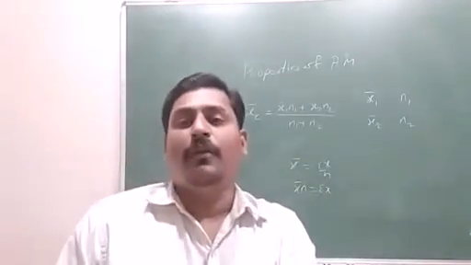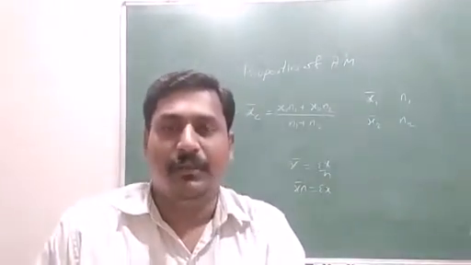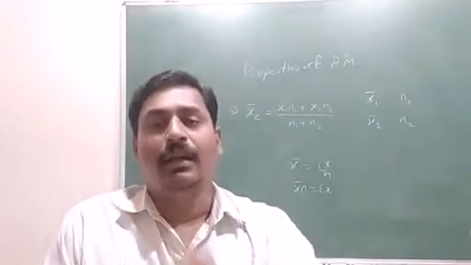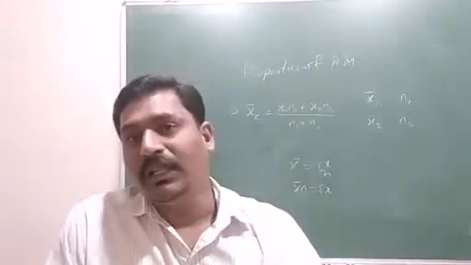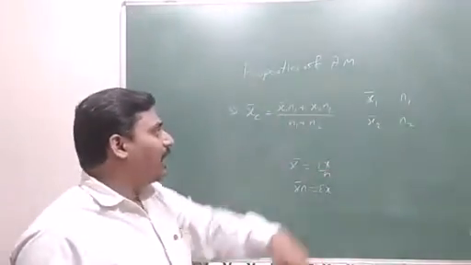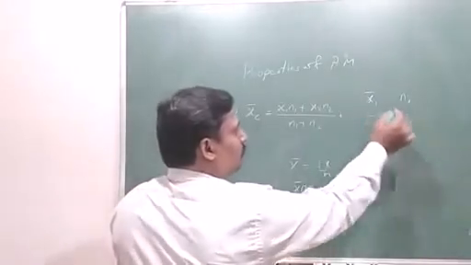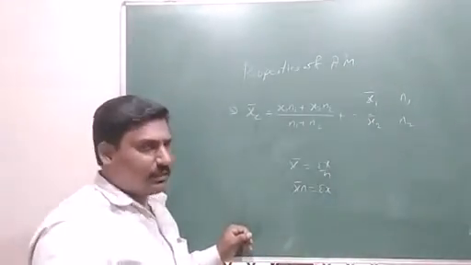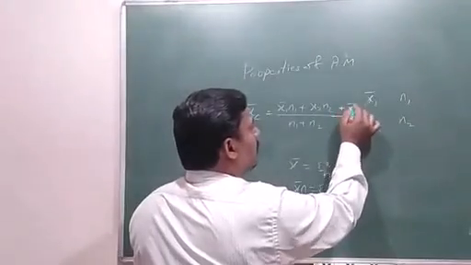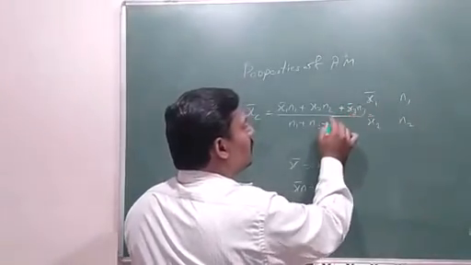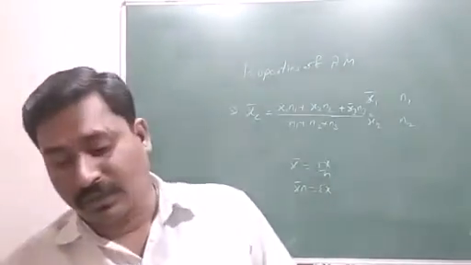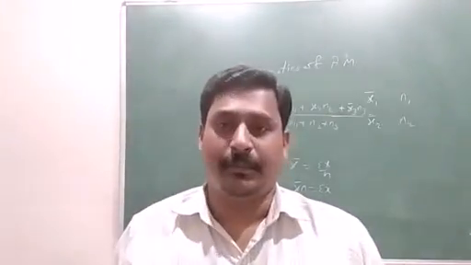By this formula we can calculate the combined arithmetic mean when we know the number of observations and the mean for two or more different sets of observations. And we can extend it: for 3 sets, just add plus x bar 3 n3 and here plus n3. So on, we can continue the formula for any number of sets of observations and their arithmetic means.